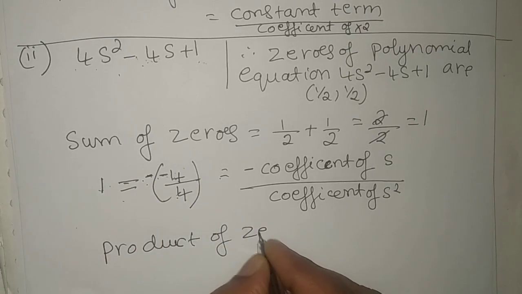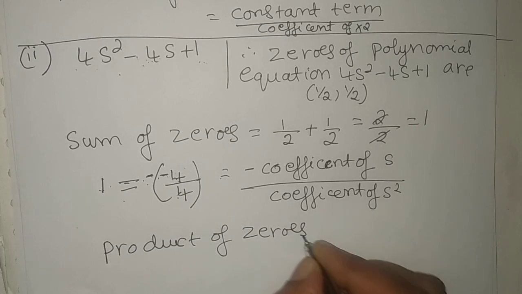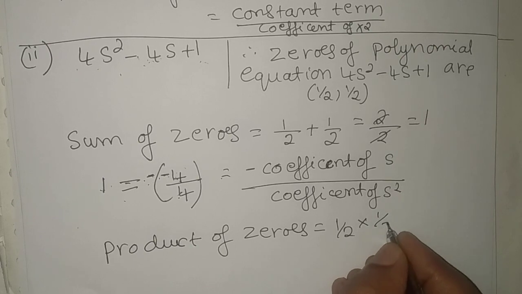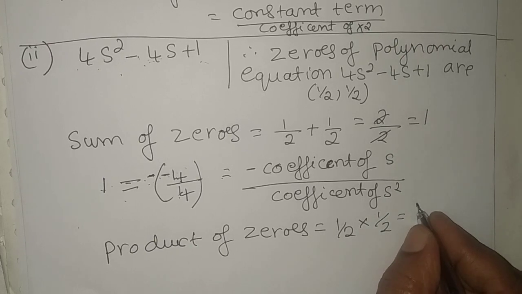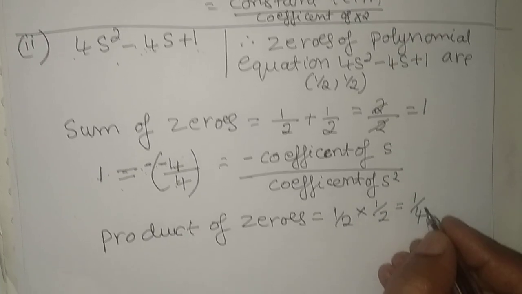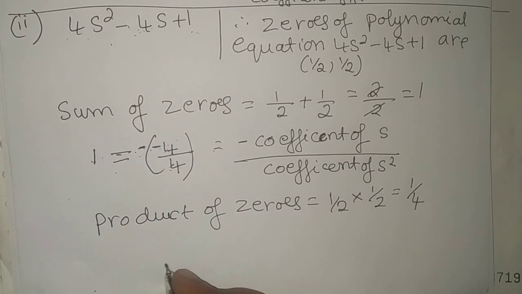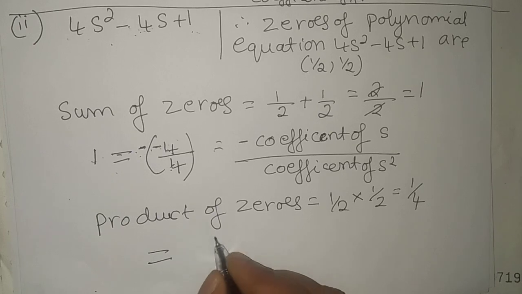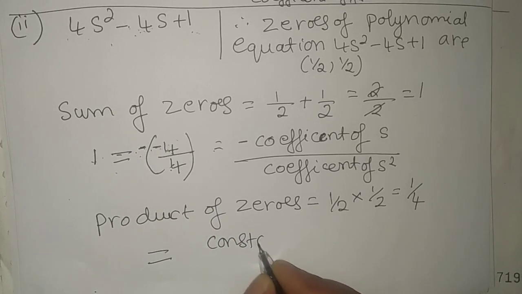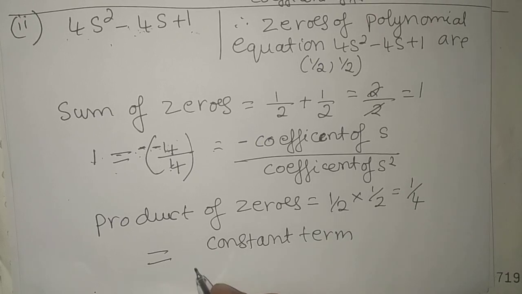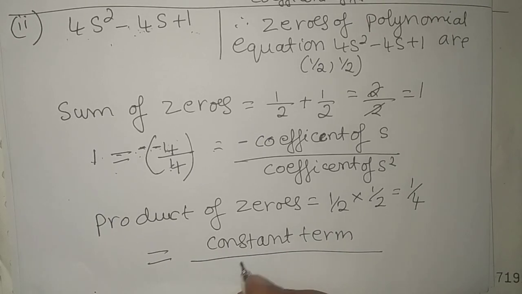The product of zeros is half into half, which is 1 by 4. All these values are present in this equation. Finally, we can write 1 as the constant term by 4, which is the coefficient of s square.